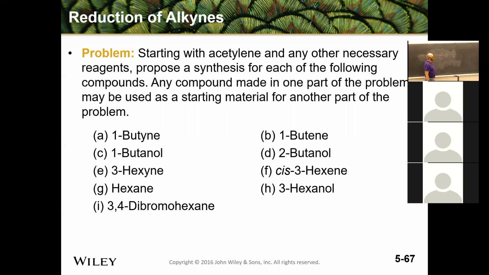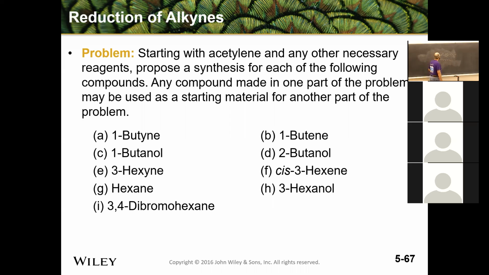Okay, so for part E, we want 3-hexyne. And we could start with the 1-butyne that we produced in part A. So we want to add two carbons to the other side.